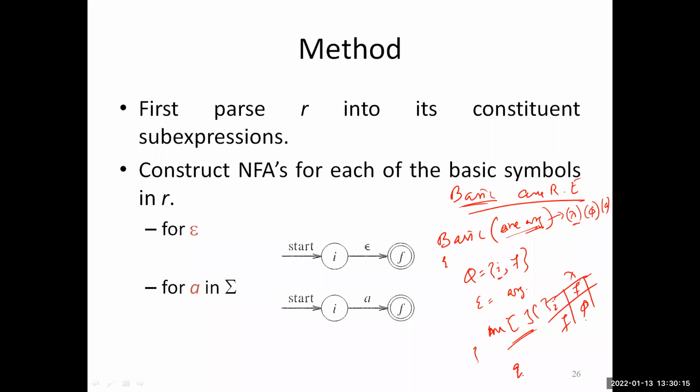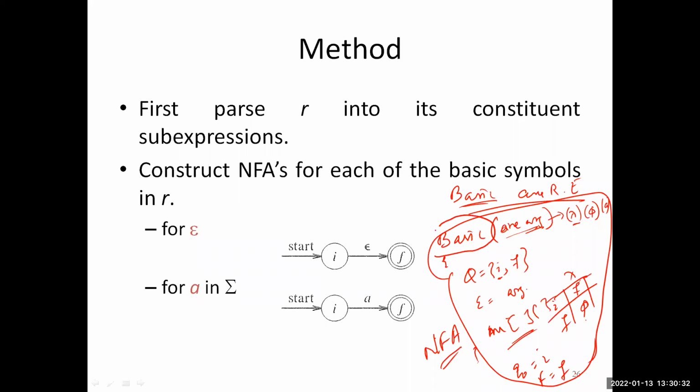Similarly, initial state Q naught is equal to I, and F is equal to F. So this is going to be defined. Now the moment I define them, this represents an NFA. Now this definition is considered as one output of this particular function, basic construction.